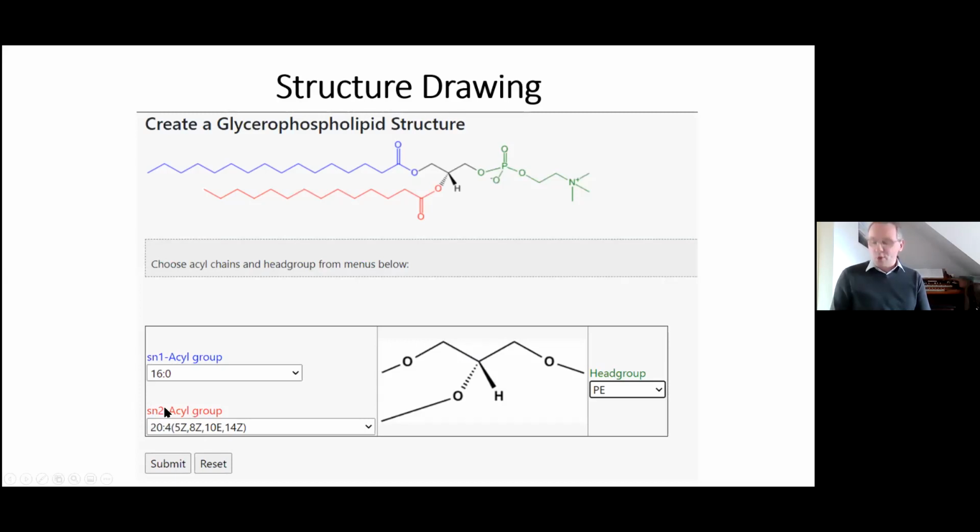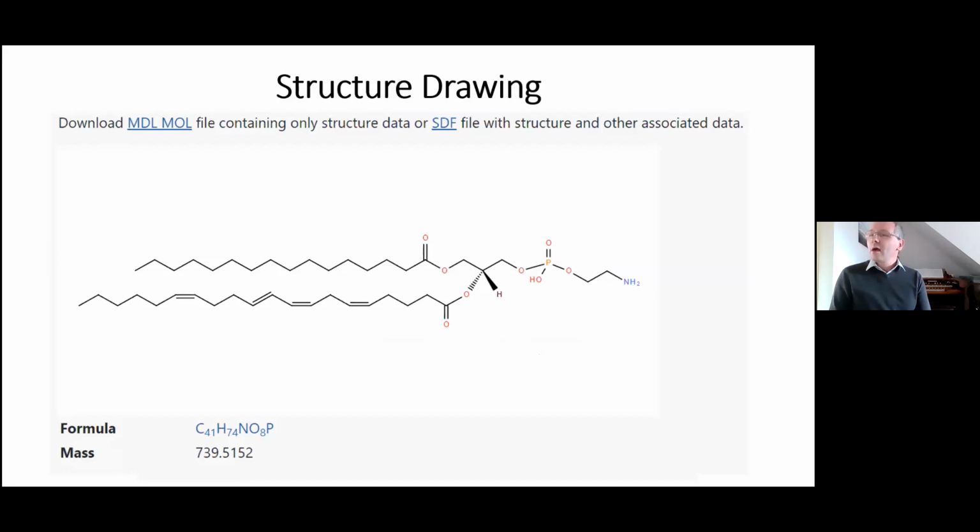You press the submit button and out pops the appropriate structure, which you might use in your publications, use on your websites, presentations, wherever a lipid structure will be appropriate to use.